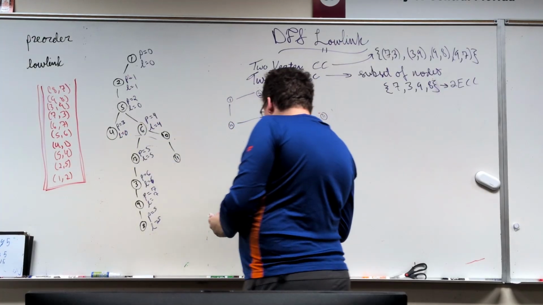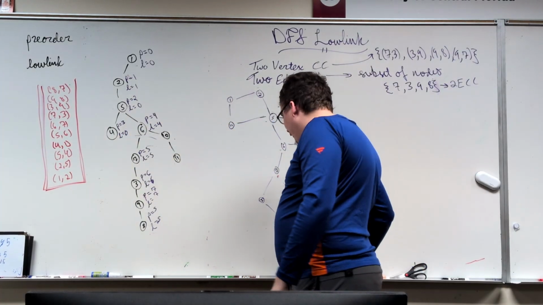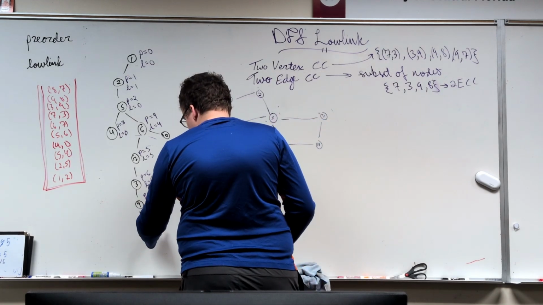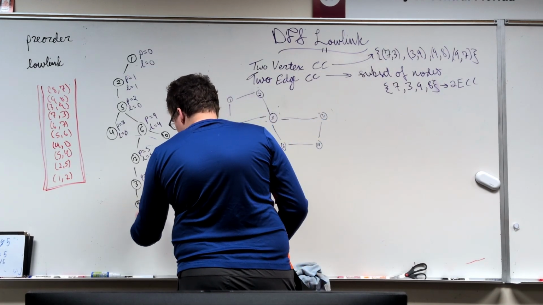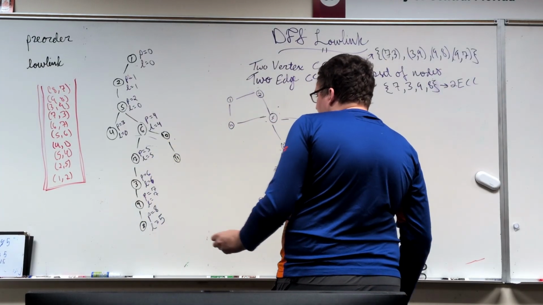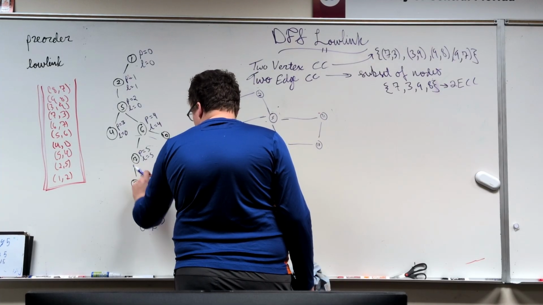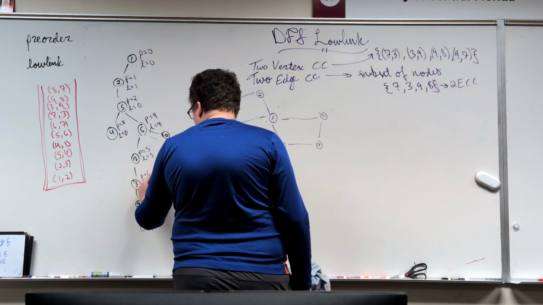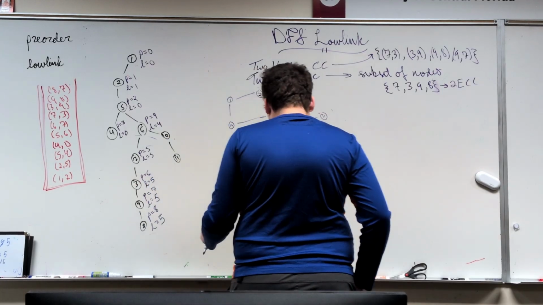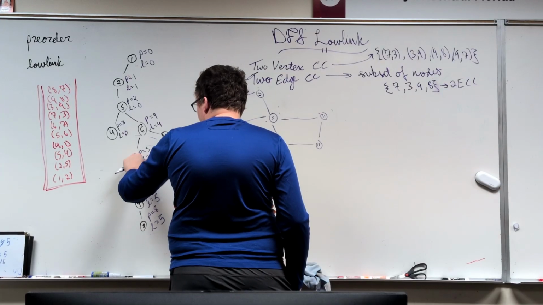Alright, so we're at 8, we take the back edge to 7, update our low link value. So 8 has the pre-order of 8 and low link of 5. We update 9's low link to be 5, 3's low link to be 5, 7's low link to be 5.